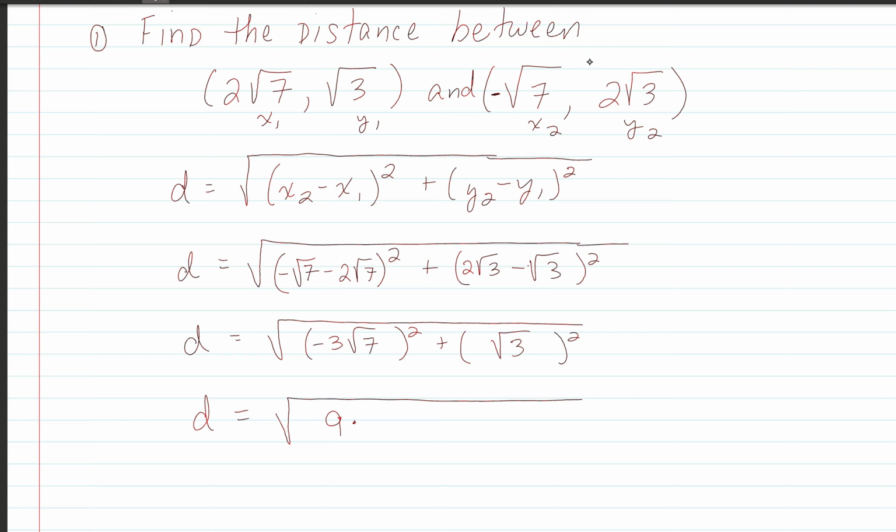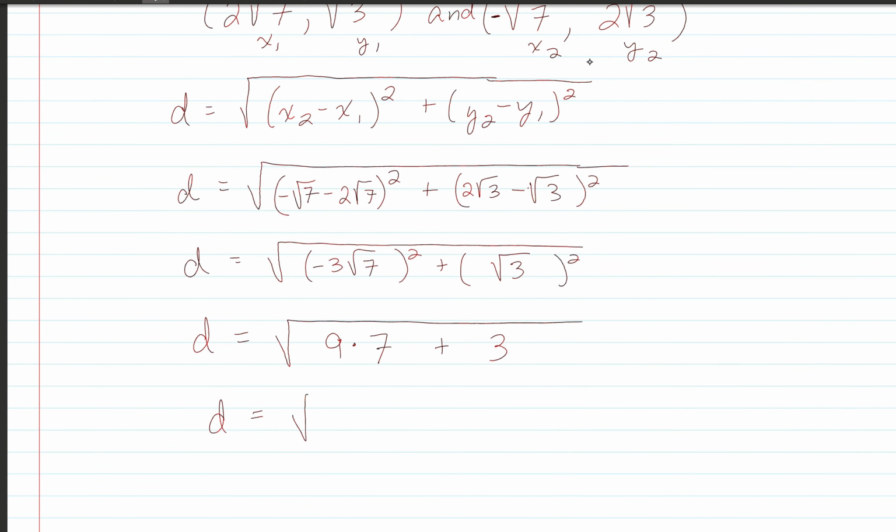Right? When we square a square root, they're inverses of each other, so they'll just both go away, and we'll be left with the radicand, which is 7. And then we'll say plus the square root of 3 raised to the second power. And again, when we square a square root, we're just left with the radicand.